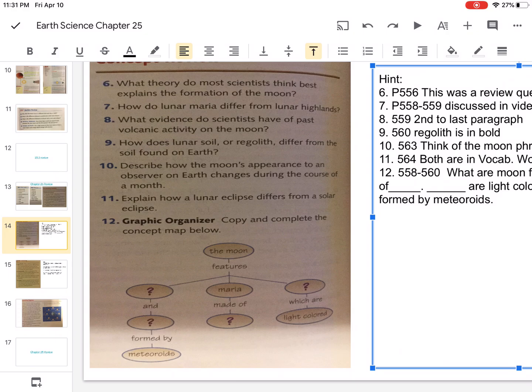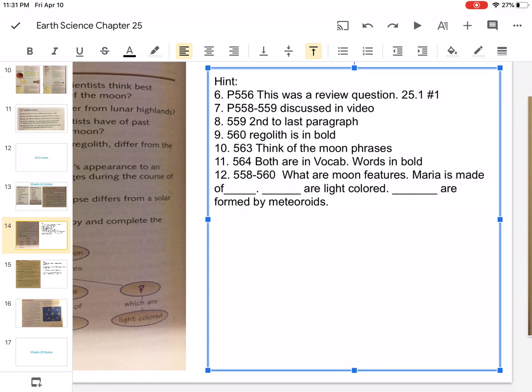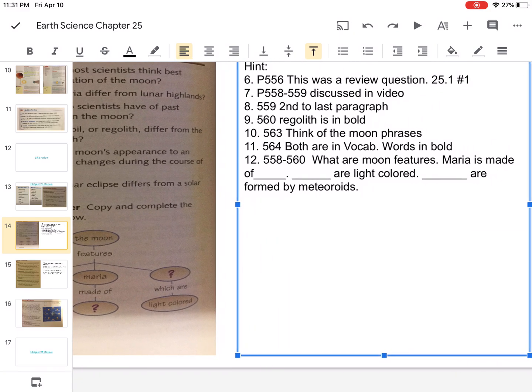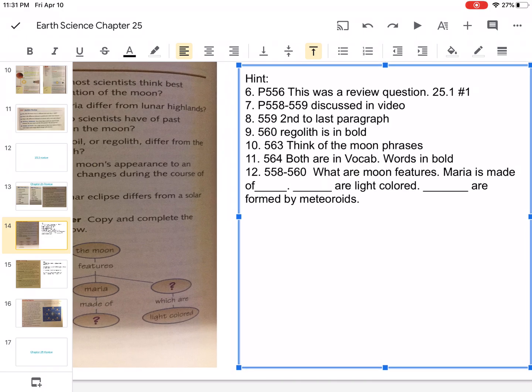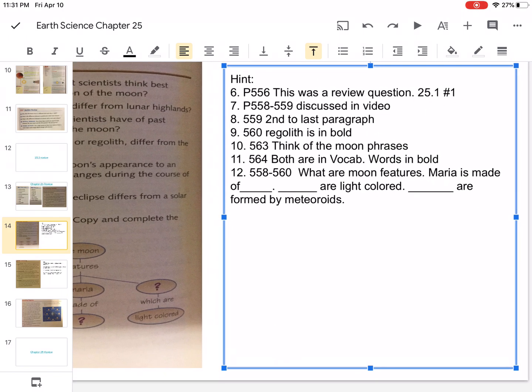You're going to find all of this on pages 558 through 560. So you would answer, what are moon features? One of them they gave to you is Maria. Maria is made of blank. Blank are light colored. And then which ones are formed by meteoroids.